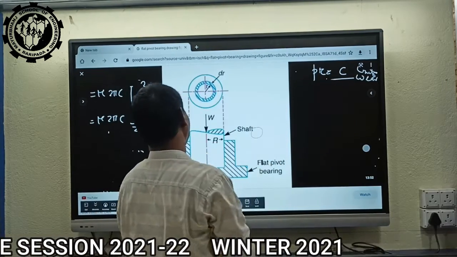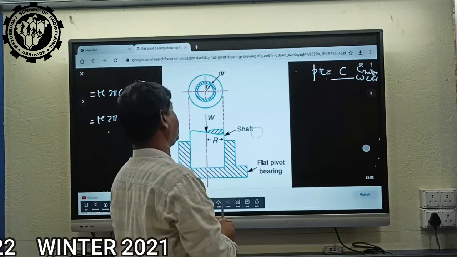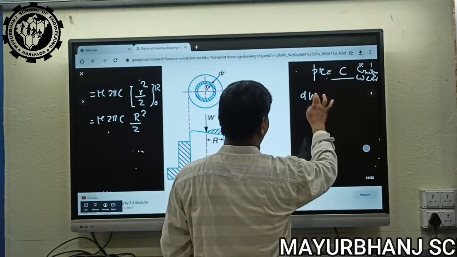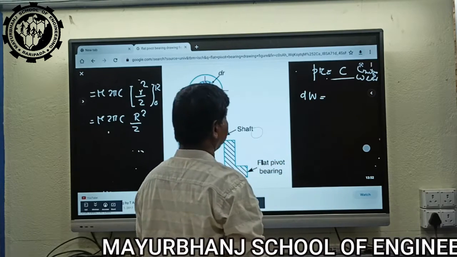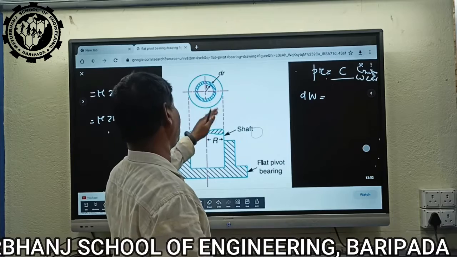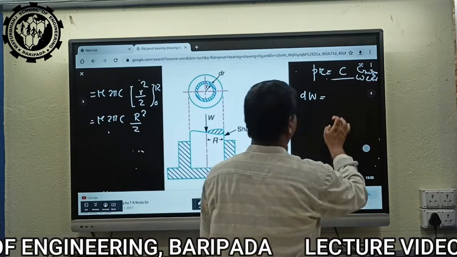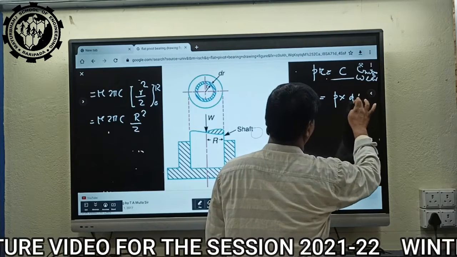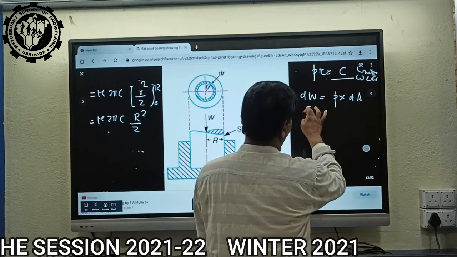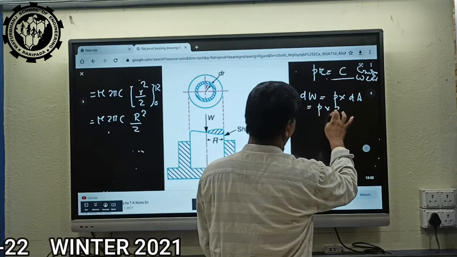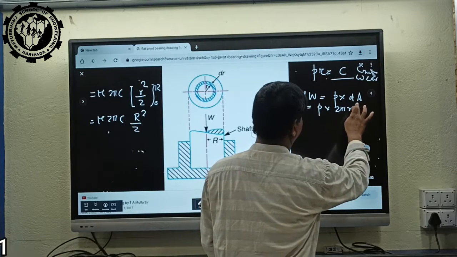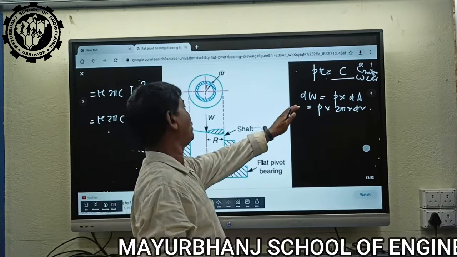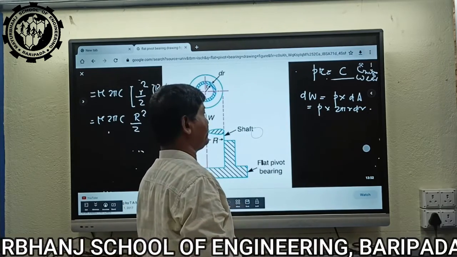The load on the elementary strip, dW, is equal to pressure into elementary area dA, that is pressure into 2 pi R dr. That is the load on the elementary strip.